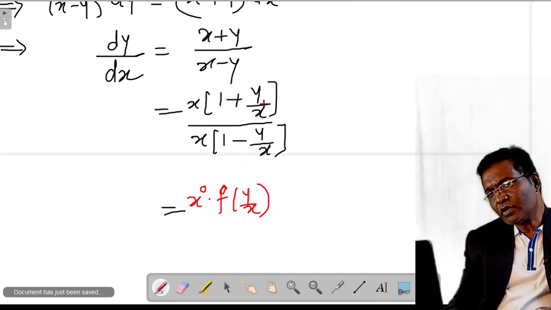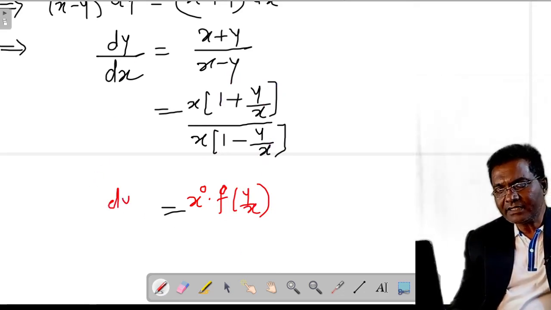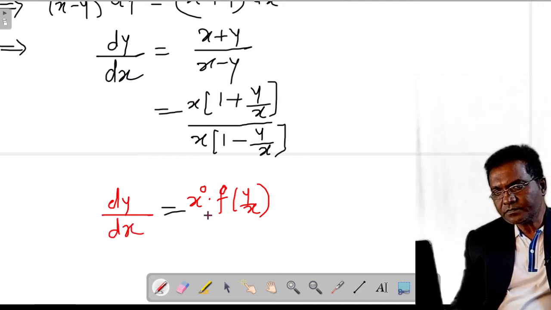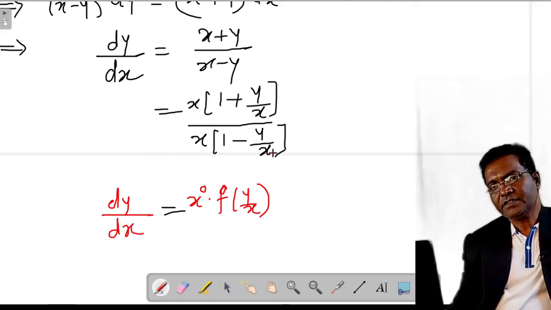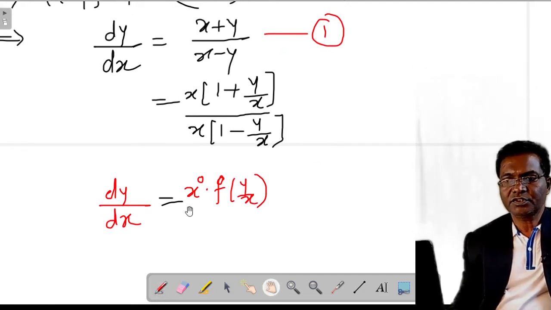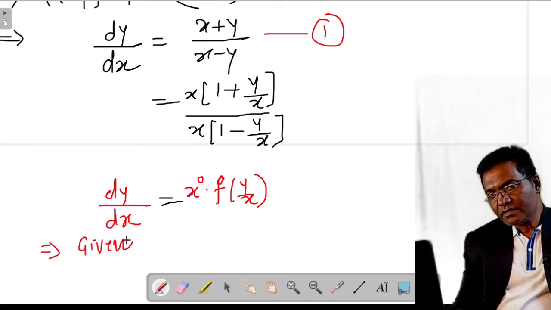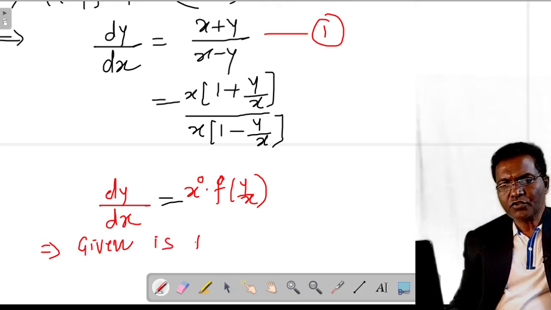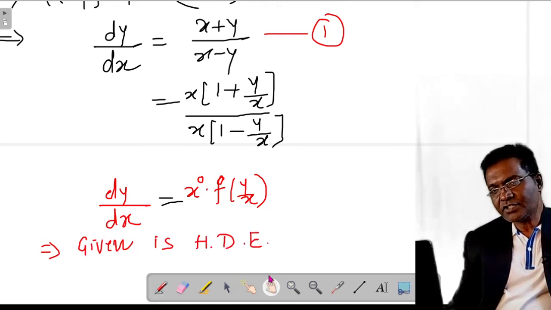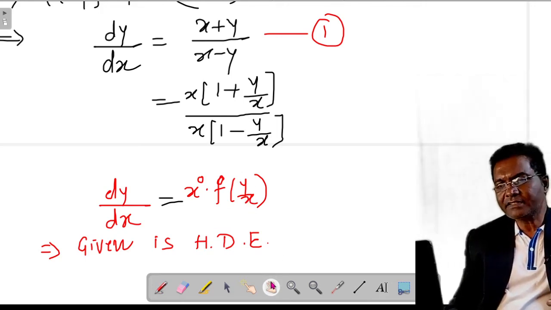Every term is in the form of y by x. So given dy by dx is expressed in this form. I can call this 1. So given is a homogeneous differential equation. Now as earlier, make the substitution y by x as v, and substitute here.